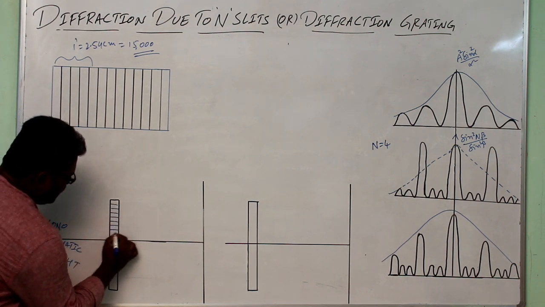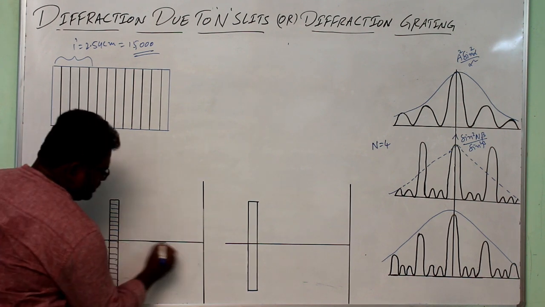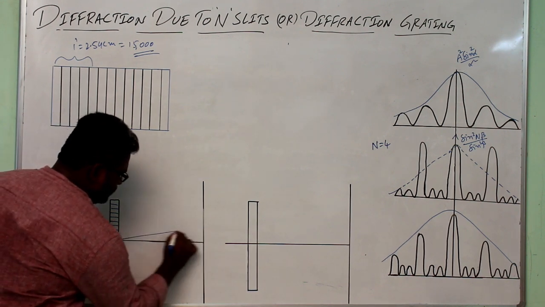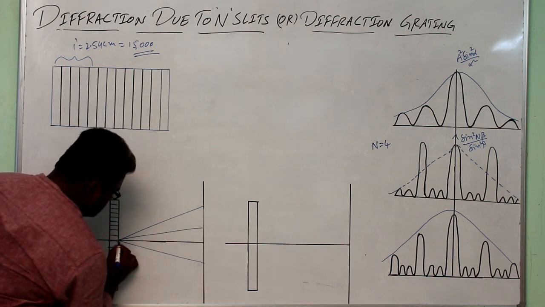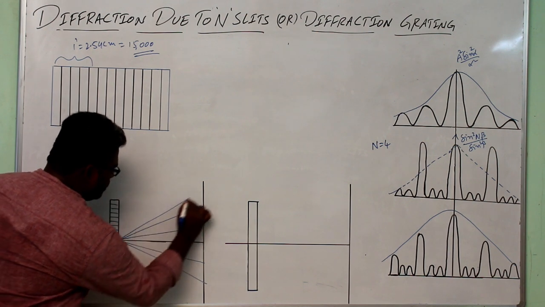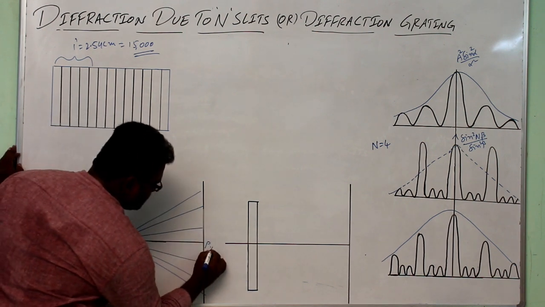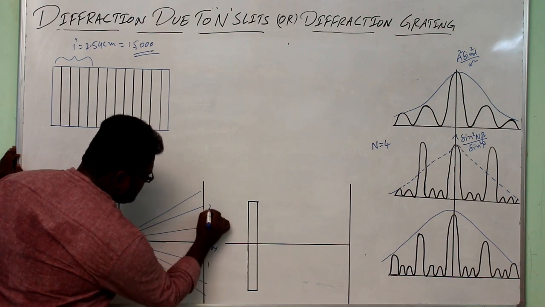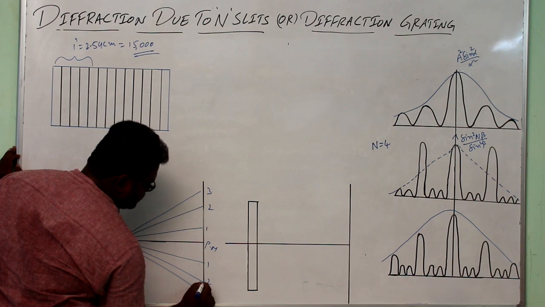So this is your grating. What happens here? Principal maxima, first order, second order and third order. This is the principal maxima, with first order on both sides, second order on both sides, and third order on both sides.